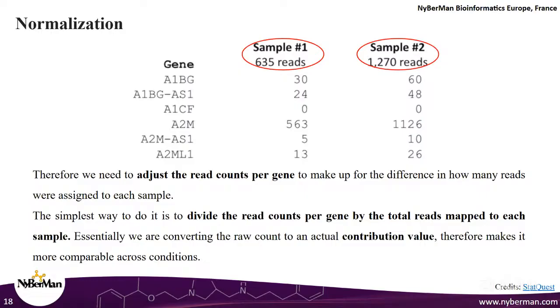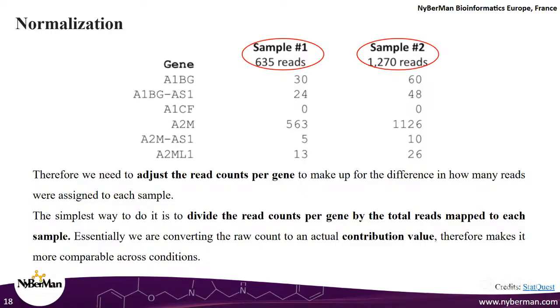And the contribution value is what we end up using for our downstream analysis, because that removes any and all kinds of bias that can come from read quality, concentration differences between samples, etc., things which are out of our control basically, right?